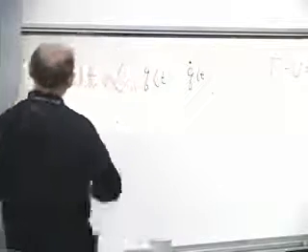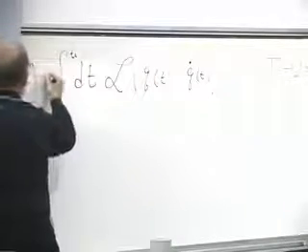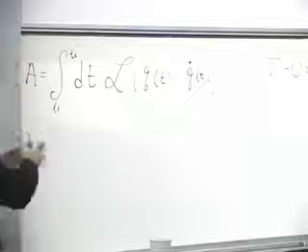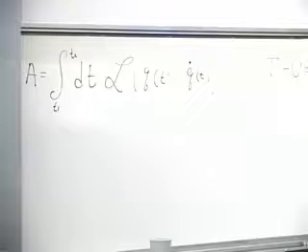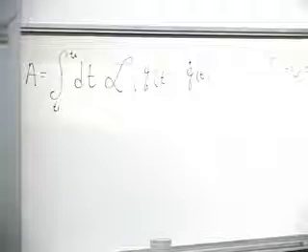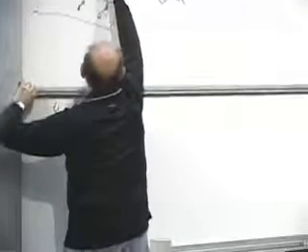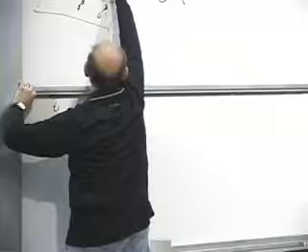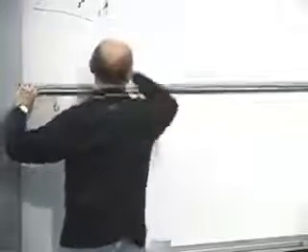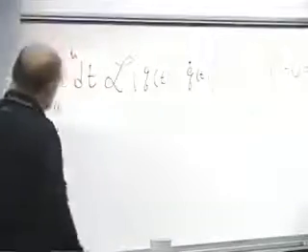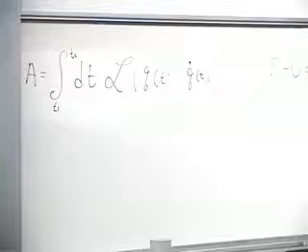And the action is the integral. In other words, it's the sum all along the trajectory of little incremental actions from one point to the next. Little incremental actions which depend on the position and velocity along here, along here, along here, and so forth. You add them all up, and that's the total action, by definition.